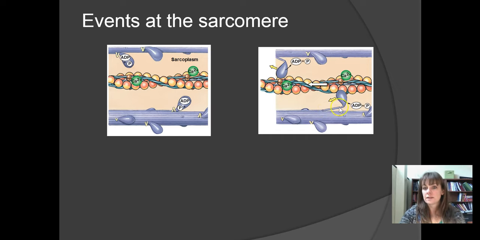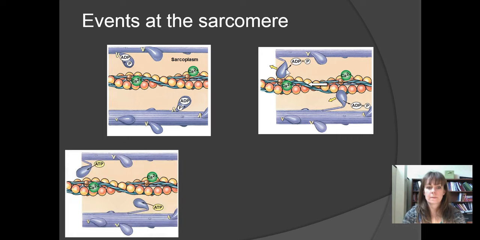And that allows this head to come up to actin and then pull on it. That's called a power stroke. And that's how you get those filaments to slide past each other. Notice this one is doing the same thing at the same time. Once it's finished pulling on it, ATP now jumps into this head.